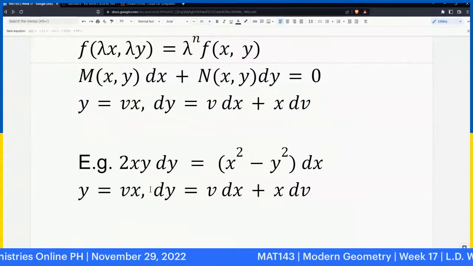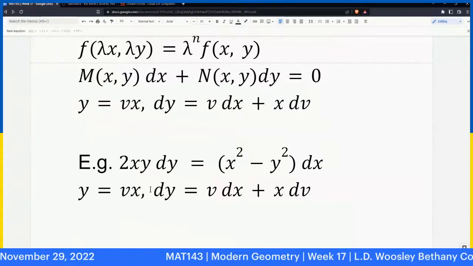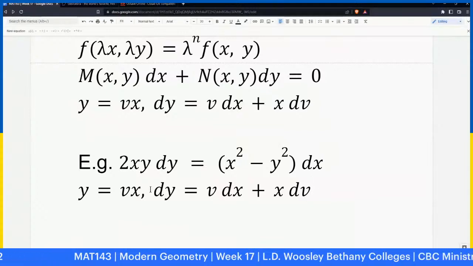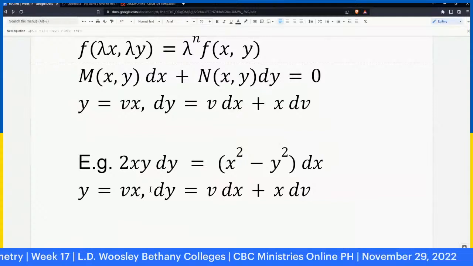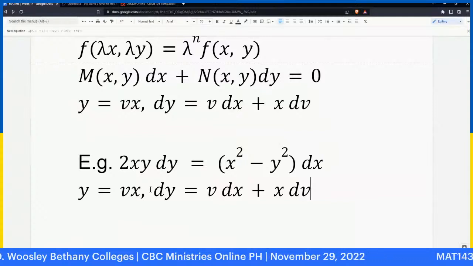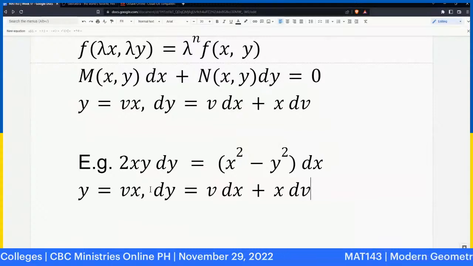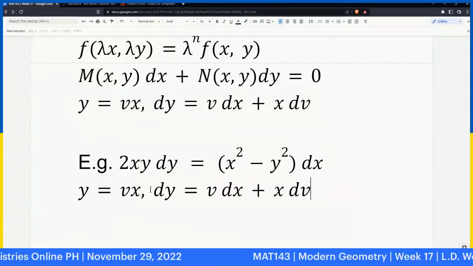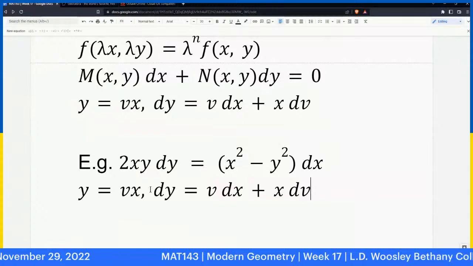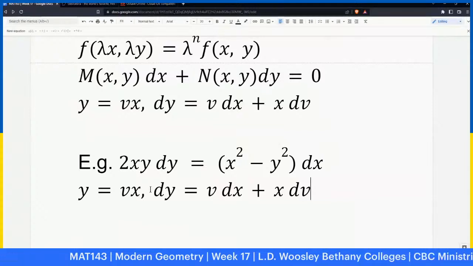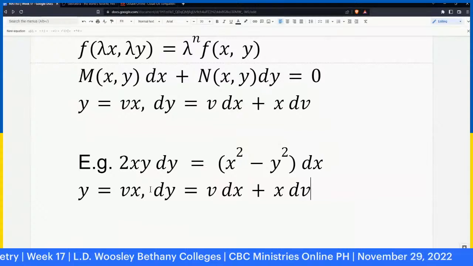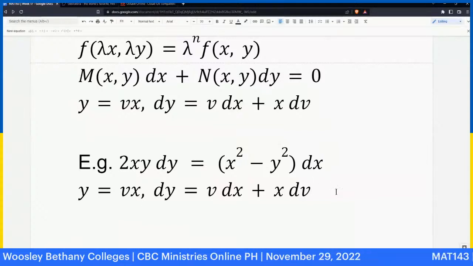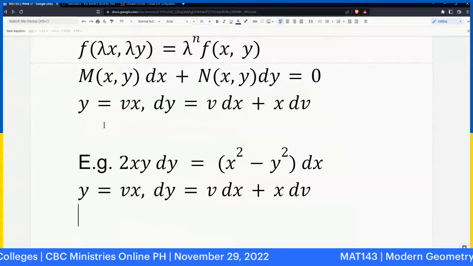Okay, so from that, it will yield to a particular equation if you will substitute. So what will you substitute here is actually your b. Now your y and your dy you will substitute to the original equation.